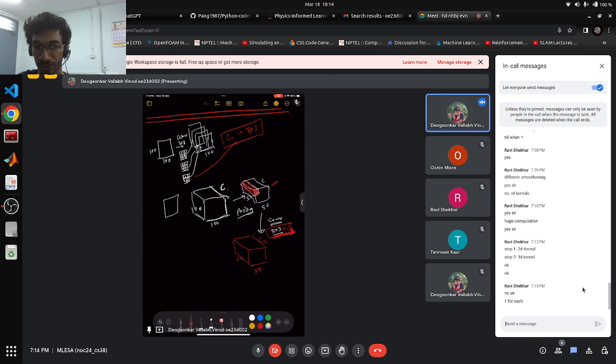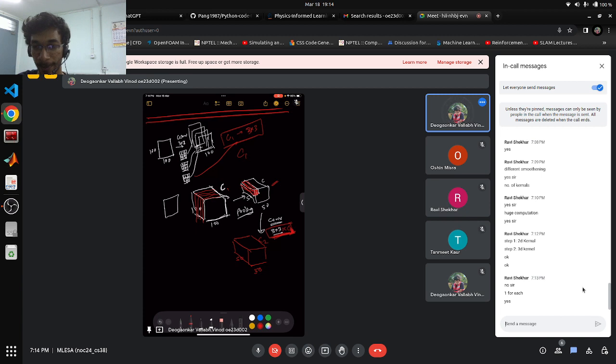Each of the layers or slices of this is coming from a different kernel. So I had, let's say, C1 number of such kernels. In the first step I had C1 number.